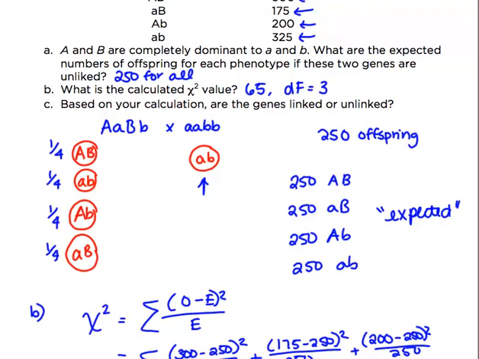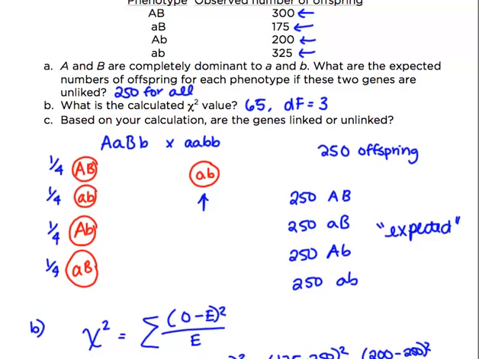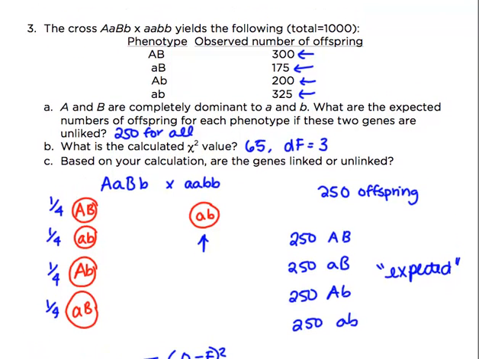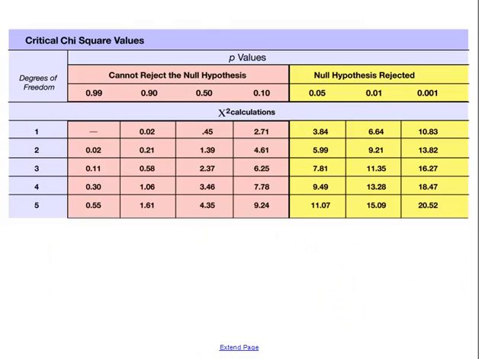Based on your calculation, are the genes linked or unlinked? Now remember that our null hypothesis is based on the fact that these genes are unlinked. So let's write that here. Null hypothesis equals unlinked. Okay? So we have a degree of freedom of 3, so let's look where 65 falls in that category.